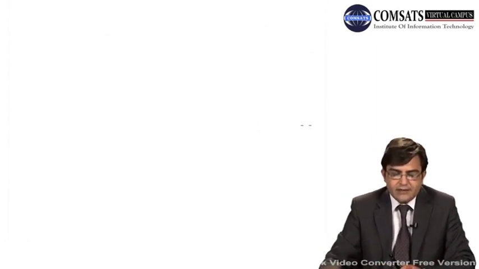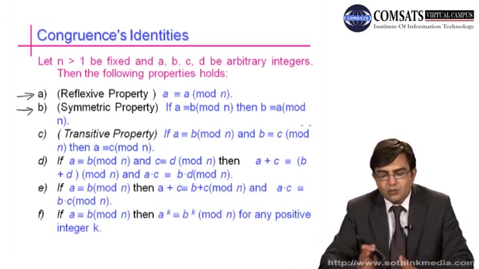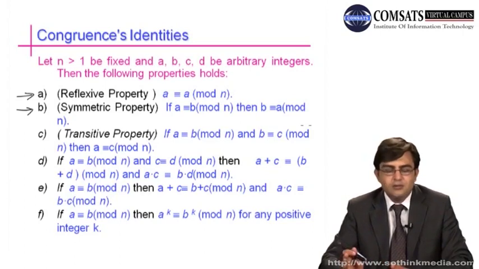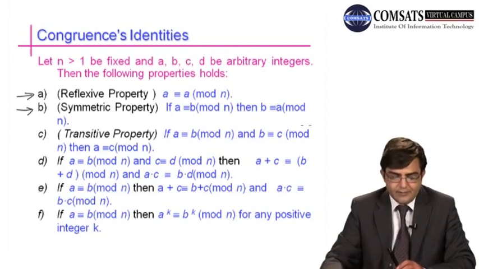The next property is the transitive property. This says that if a is congruent to b mod n and b is congruent to some other number c under the same modulo n, then we can say that a is congruent to c modulo n.